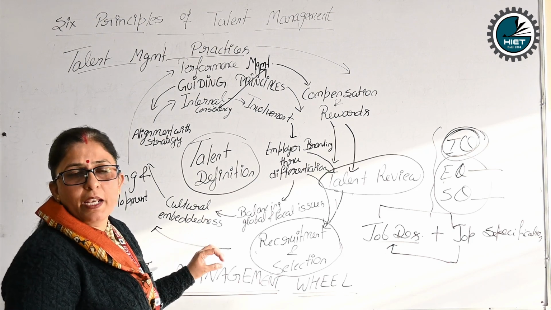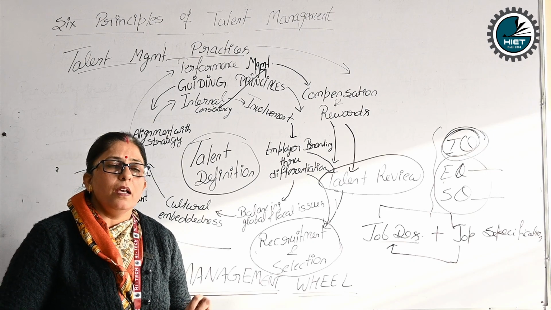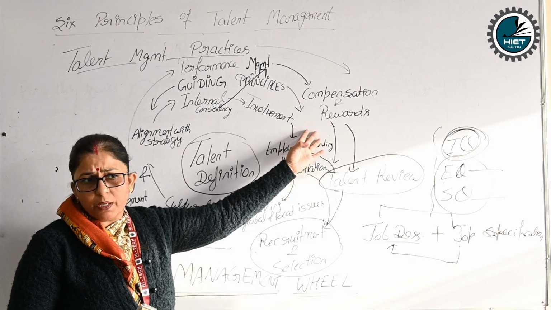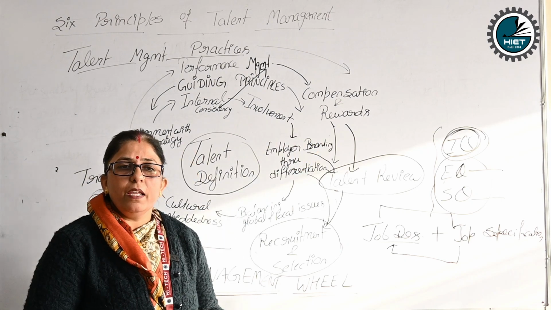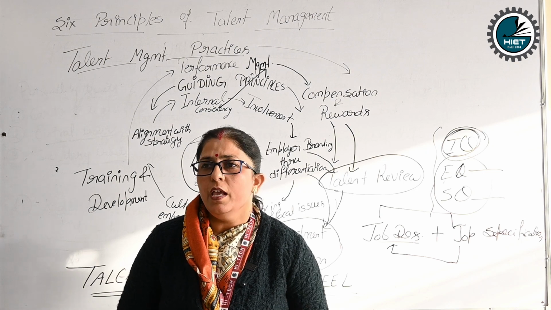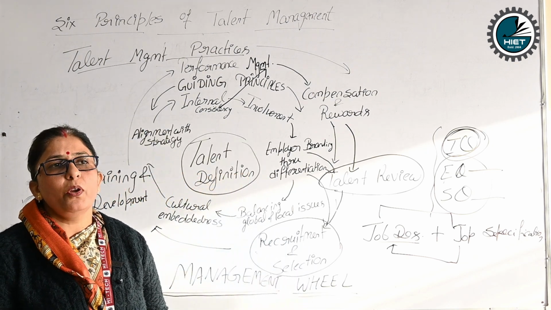Sometimes it happens that a skilled or talented person gets compensation or rewards in monetary terms that are less than those who are getting a very high amount and doing very little work. So this creates some kind of frustration among the employees.